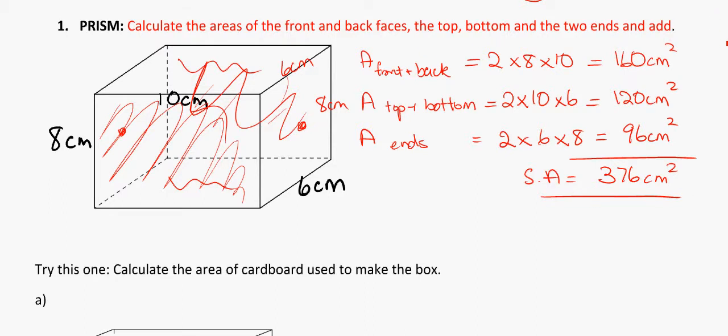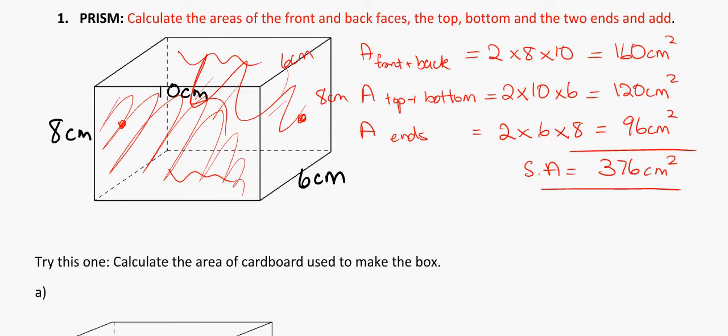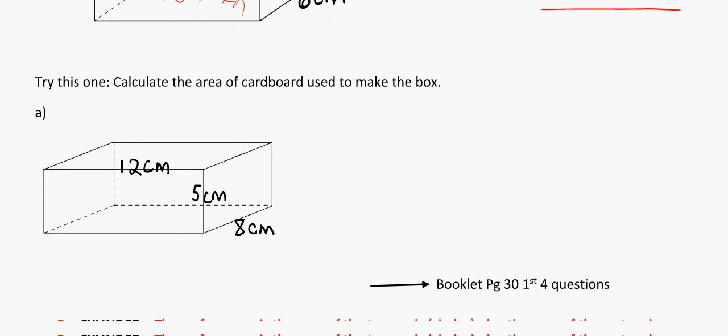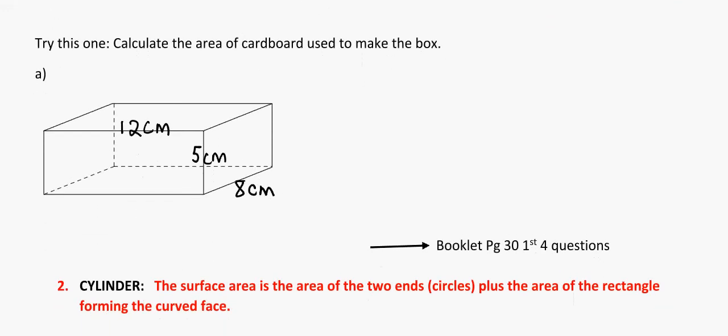Okay, so let's try the one underneath. Calculate the area of cardboard used to make the box. Okay, set it out, like I said, area of front and back equals, so we've got 2 by 12 by 5. Work out what that is, 120 centimetres squared.